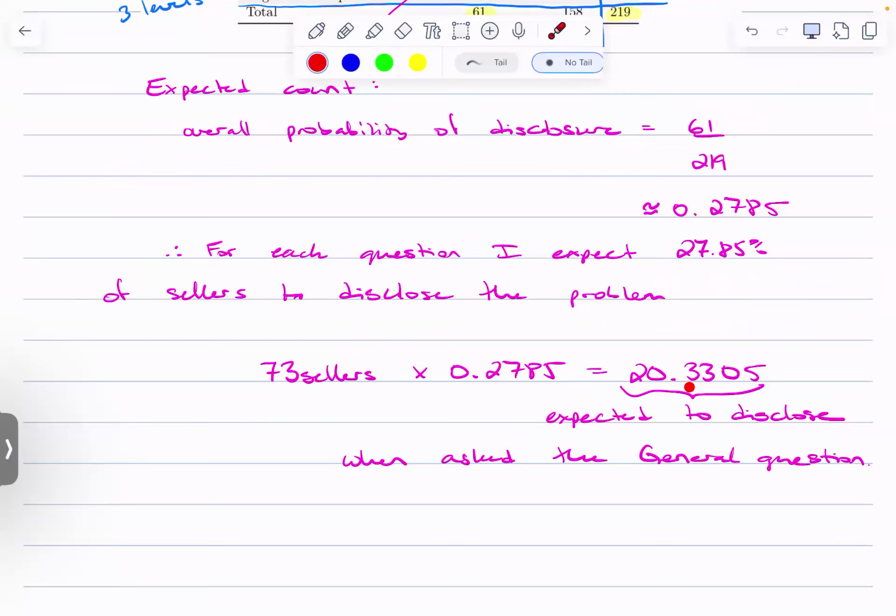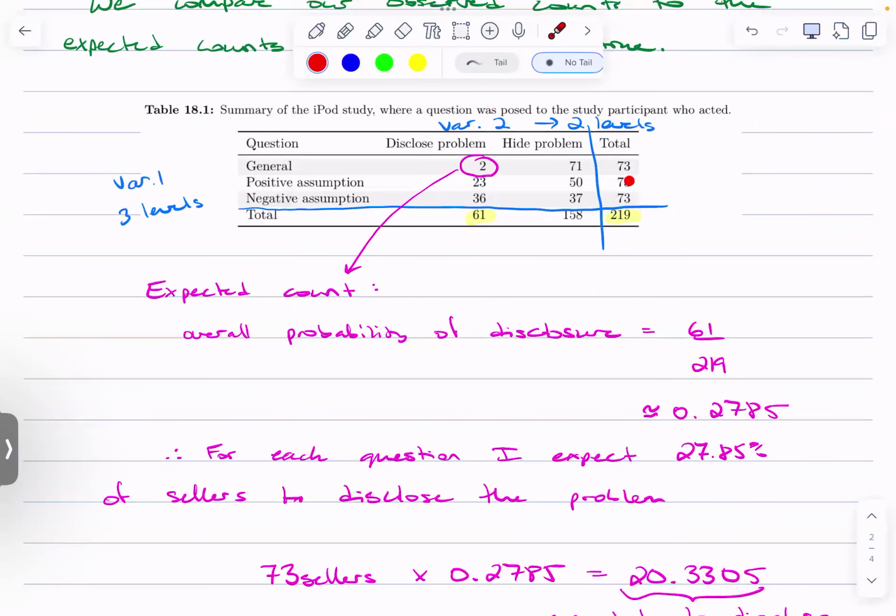Now this number would be the same across the board because I had 73 sellers in each question type. So I had 73, 73, 73, and so then I would expect 20.3305. Now, there's probably a desire to round that, to say, well, I can't expect a non-whole number to disclose the problem. But the expectation, as we've seen, can be a fraction.